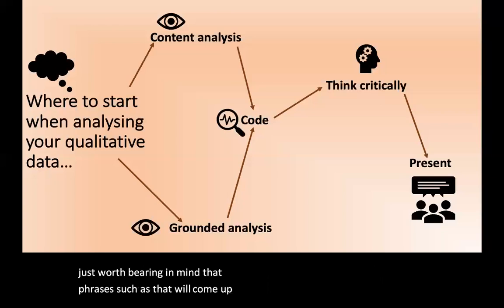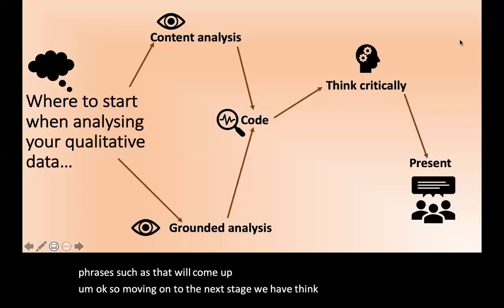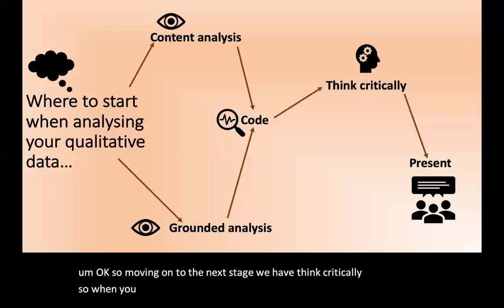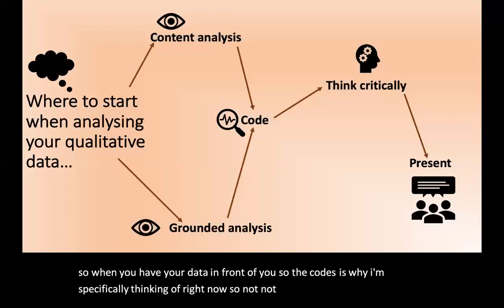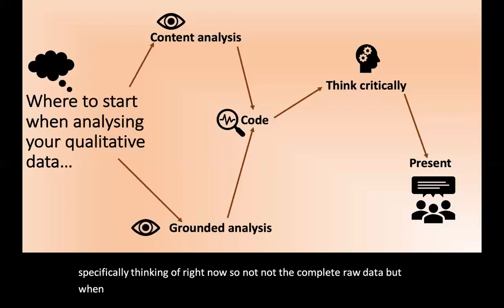Okay, so moving on to the next stage, we have think critically. So when you have your data in front of you, the codes is what I'm specifically thinking of right now. So not the complete raw data, but when you're actually looking at the codes specifically, are there any links between them?